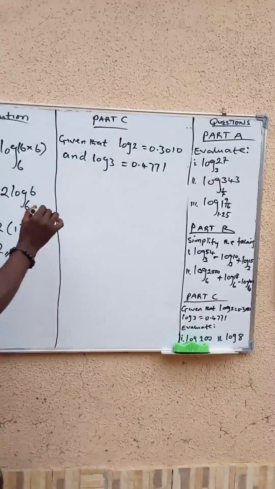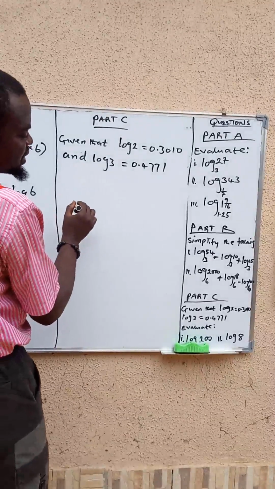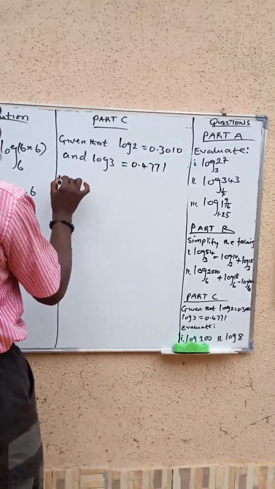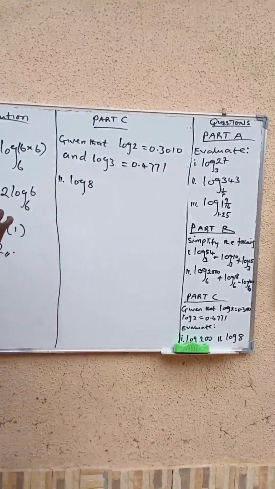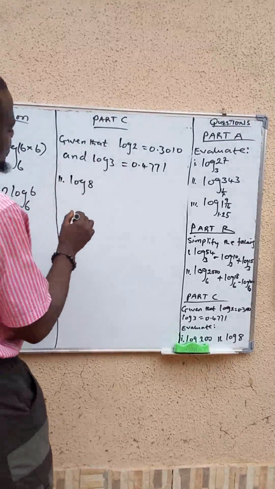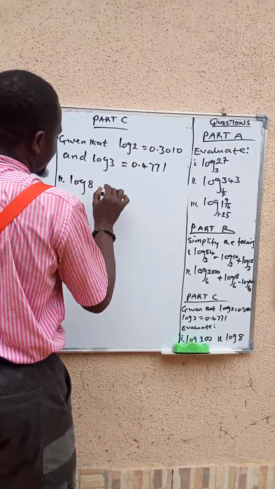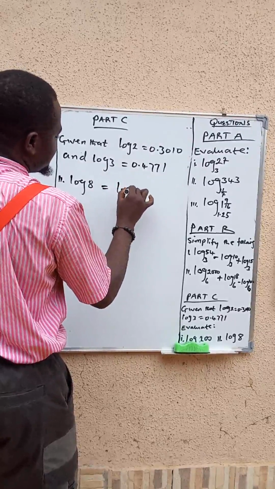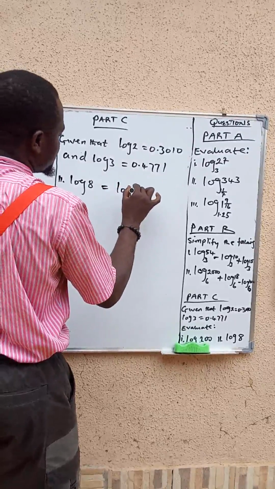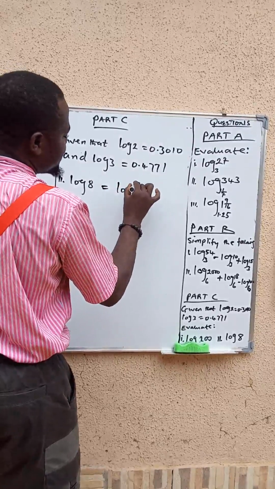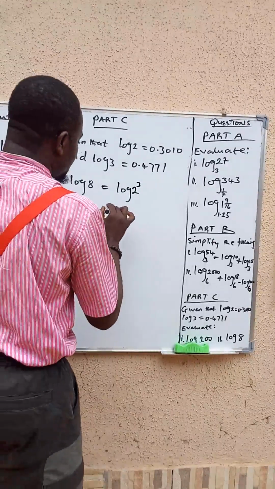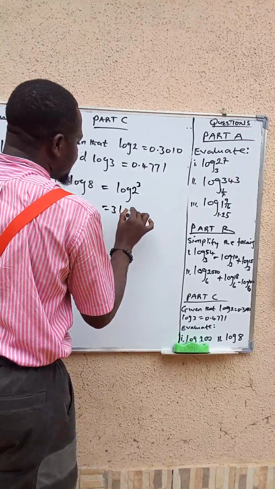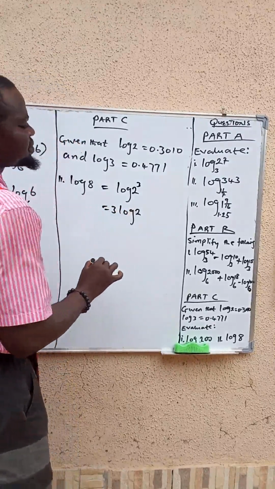They now say evaluate log 200 and log 8. So I carry this log 8. For me to evaluate log 8, I want to know that this is the same thing as log 2 raised to the power of 3.